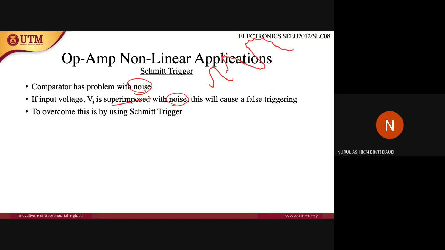If the input voltage is superimposed with noise, this will cause false triggering. What is false triggering? False triggering is an incorrect change of state, where there is a distortion, a noise, at the input signal, which makes the input signal not exactly a sine waveform.